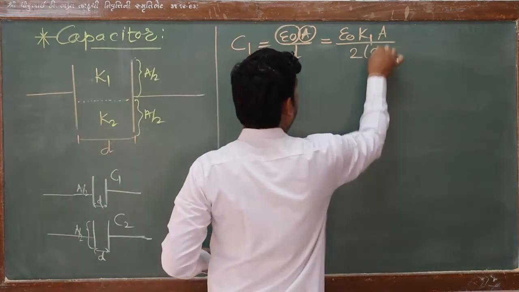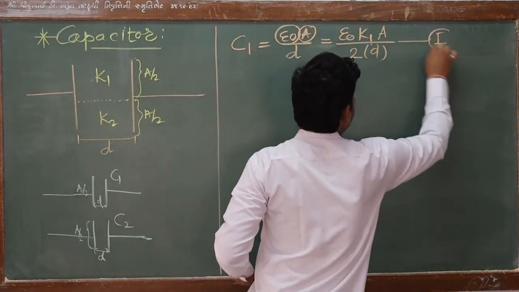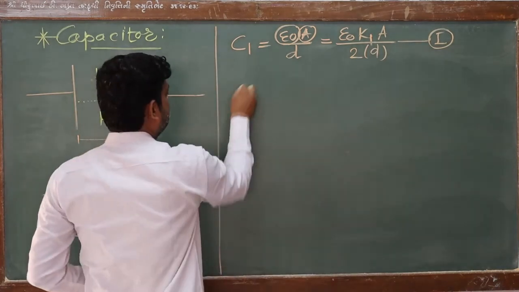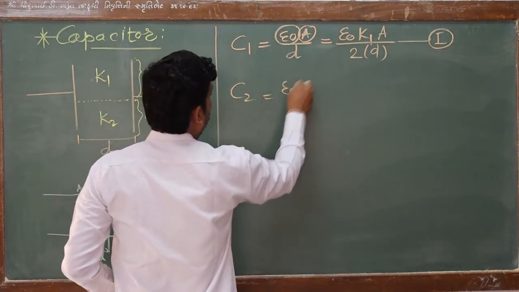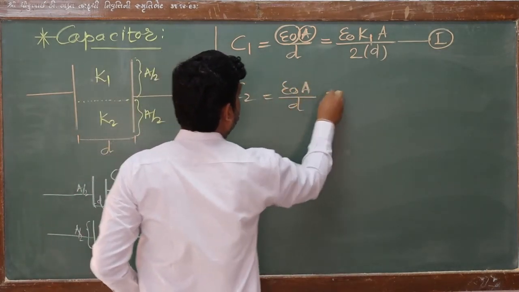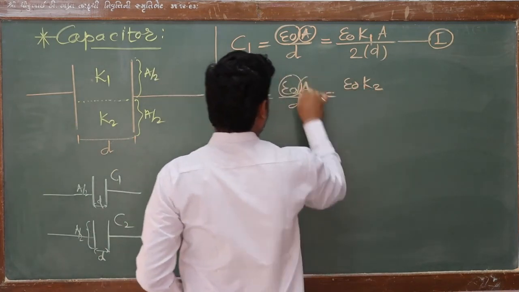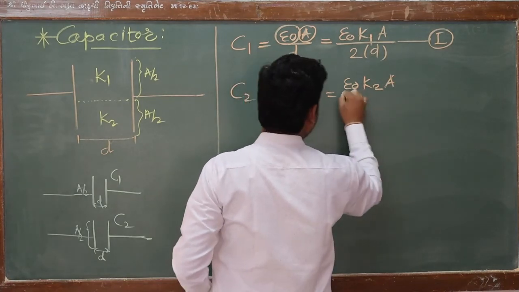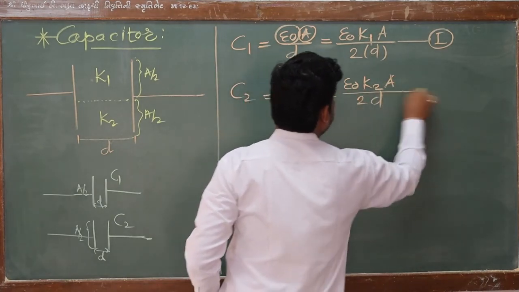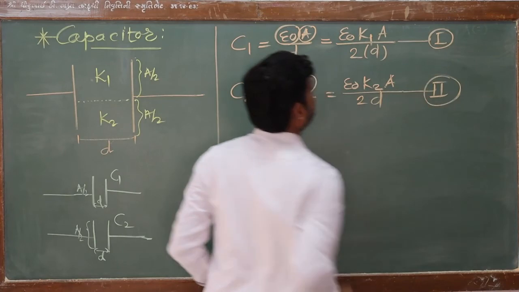This is the capacitance of the first capacitor. What is C2? General formula epsilon 0 A by D. Epsilon 0 K2, A by 2, and D remains.